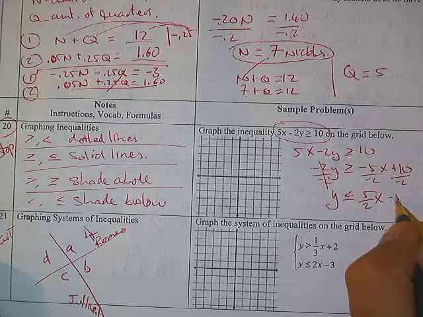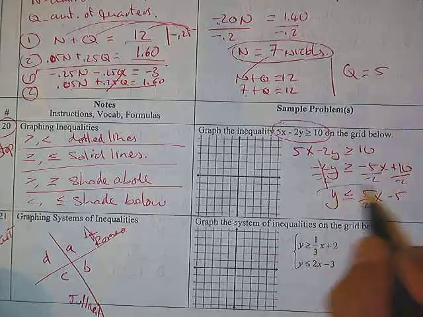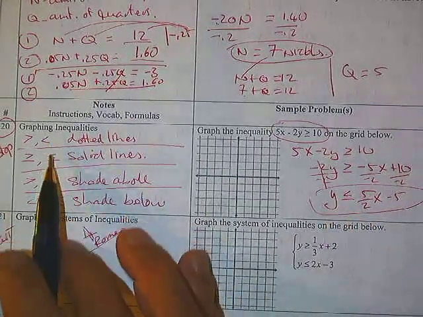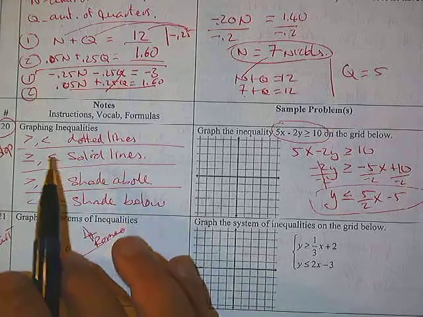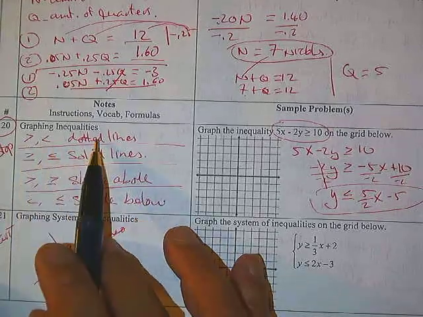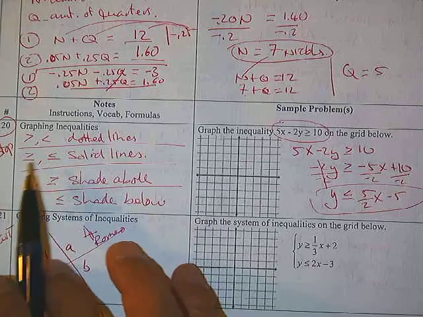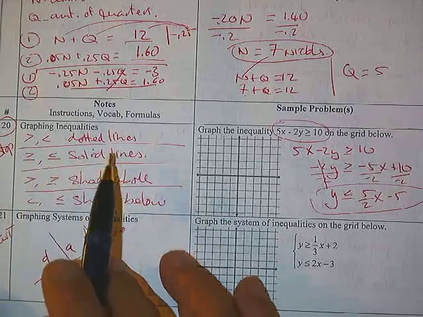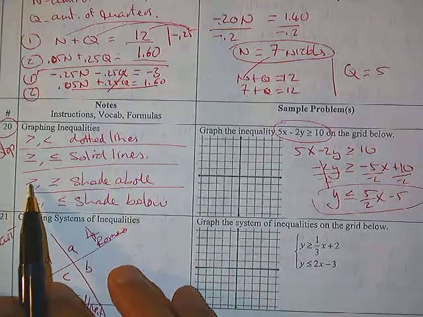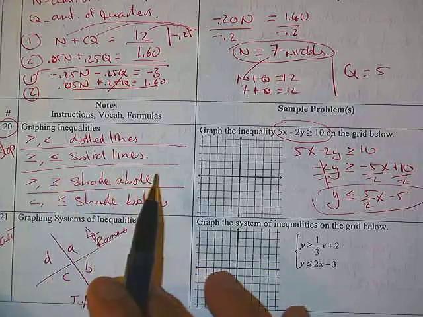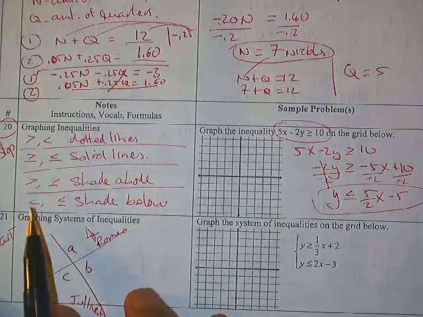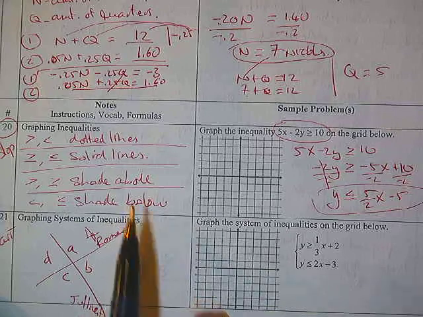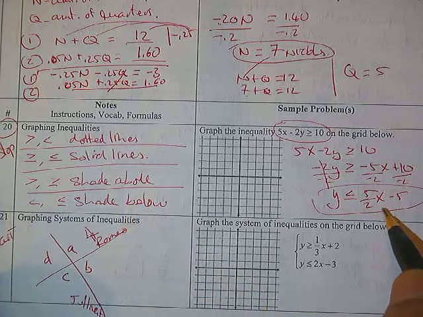So I'm going to start by subtracting the 5x from both sides, and I have 2y is greater than or equal to minus 5x plus 10. And then divide through by negative 2. You may remember from the previous video that if we divide by a negative number, the direction of the inequality changes. And then minus 5.